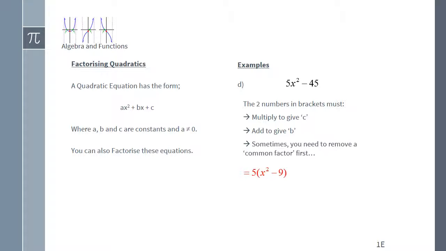X squared minus 9, however, we can now recognise as being the difference of two squares. So it's 5 times x plus 3 times x minus 3. Look for common factors. Factorise. Be on the lookout for things that make maths easier, like the difference of two squares.